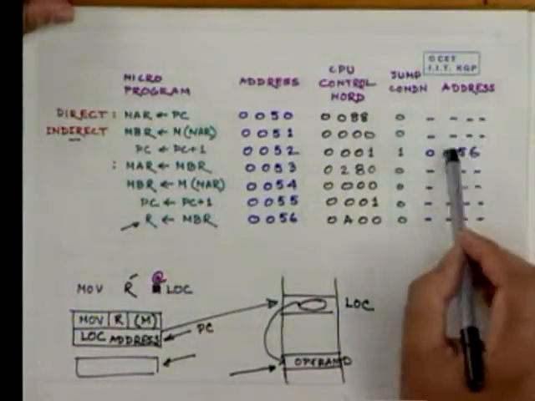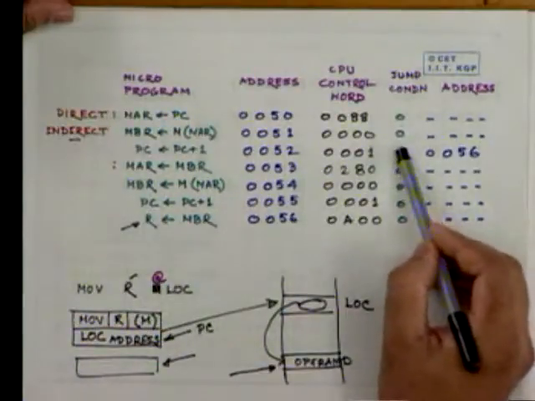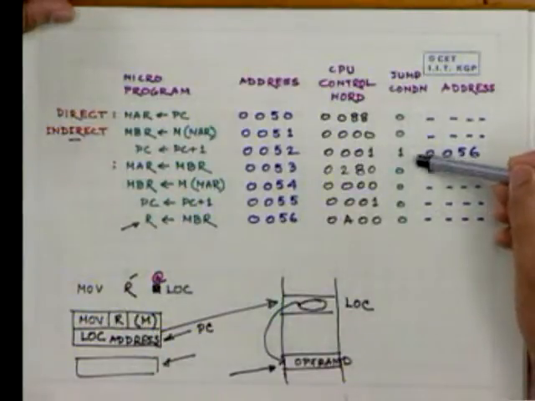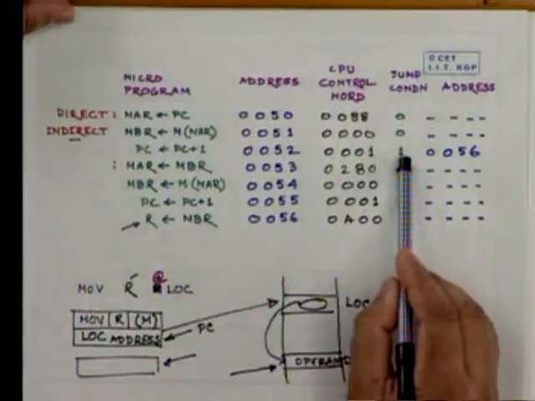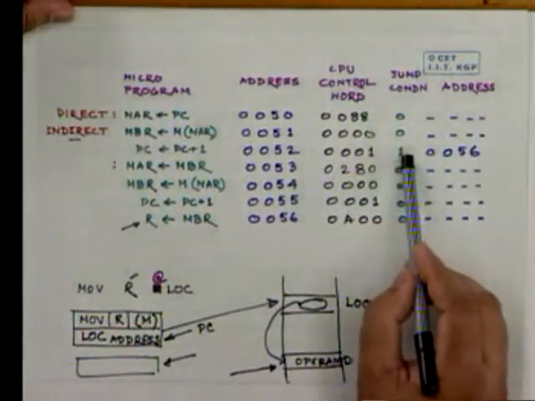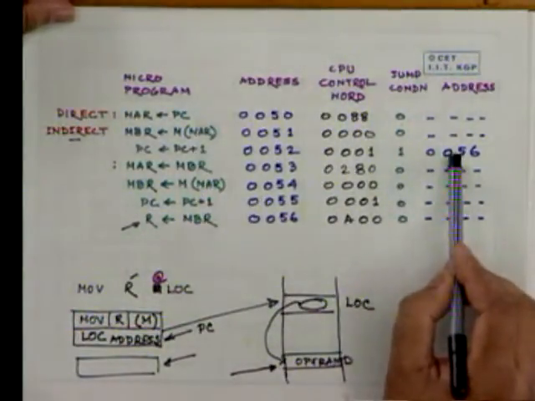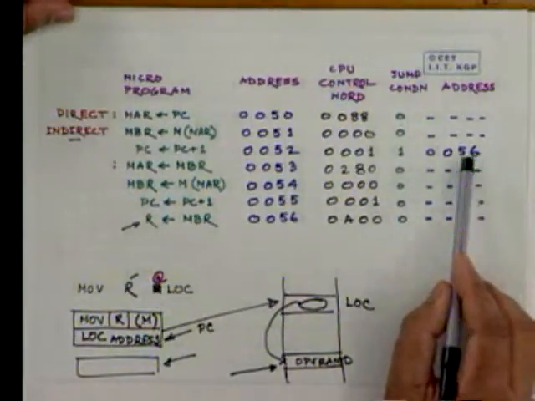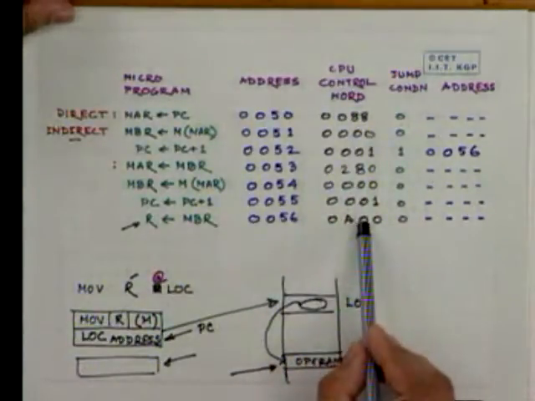For example, here, if the jump condition is for direct, then we go to memory location 0056. Otherwise, we automatically go to the next memory location. Therefore, the jump condition tells when to take a jump, and the address field, okay, if the jump condition is true, then the address field tells me which micro instruction we should jump to to have the next micro control word for execution.